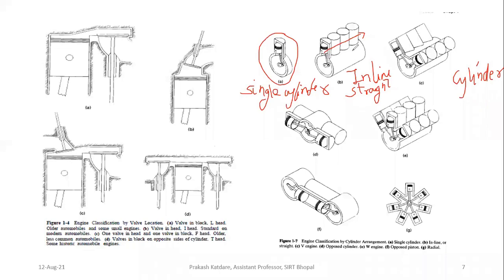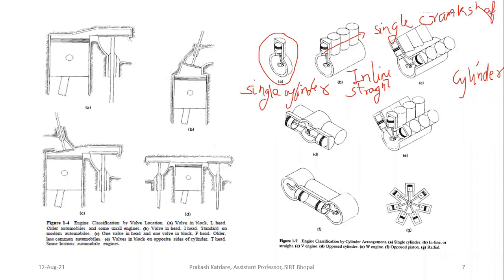These are quite common nowadays for our automobiles, and for all these cylinders, it is not that each particular cylinder will have a separate crankshaft. We have one single crankshaft and transmission mechanism for all of them.